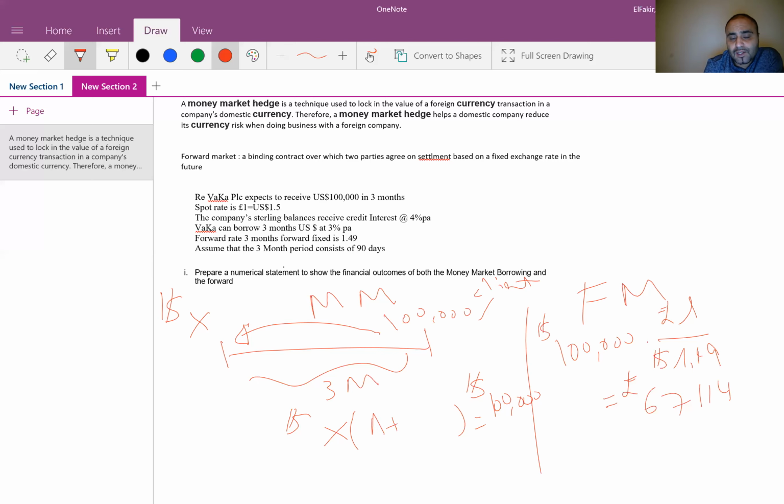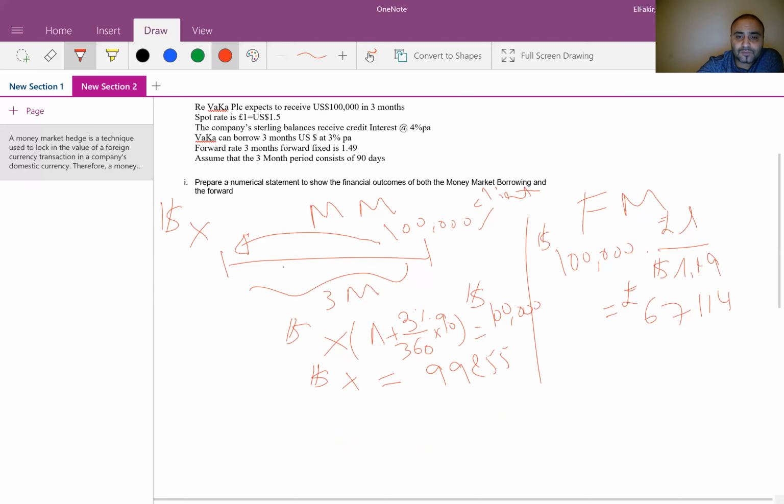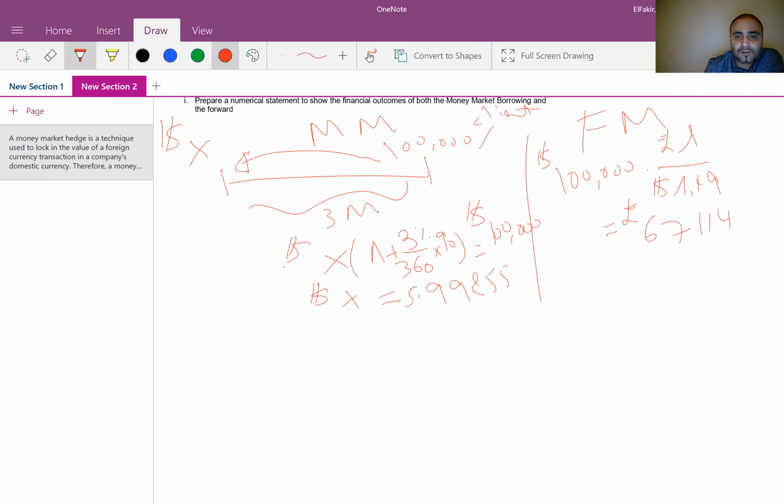So 1 plus the interest rate in the US, which is 3%, we divide by 360 since we are in the US, and then we multiply by the period, which is 90 days. And that should lead to the amount of dollars to be borrowed now to be 99,255 dollars. So this is the amount to be borrowed now.